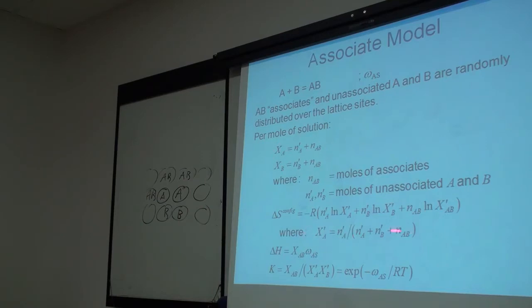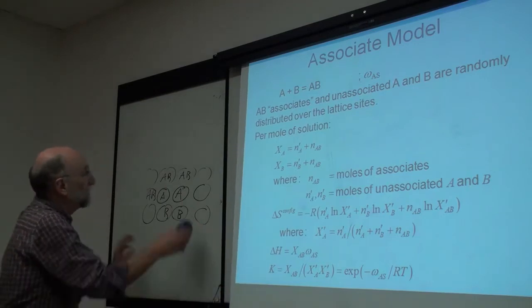XA prime is the fraction of unassociated A's. And the heat of mixing is then simply given by the fraction of associates times the energy of forming those associates. Omega AS is the energy of that reaction, and so it's just delta H per mole is the number of moles of AB you have times omega AS. Okay, so this is your model.